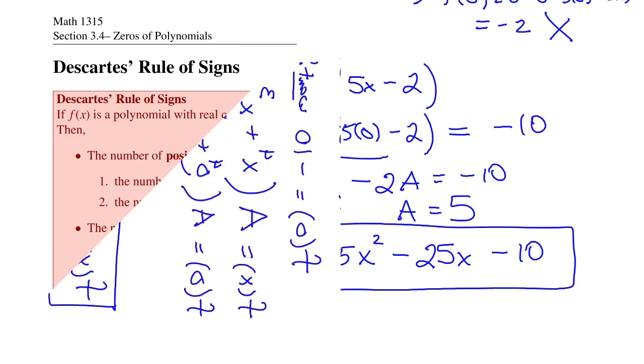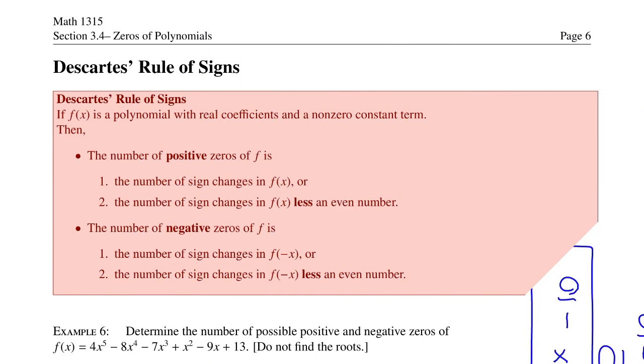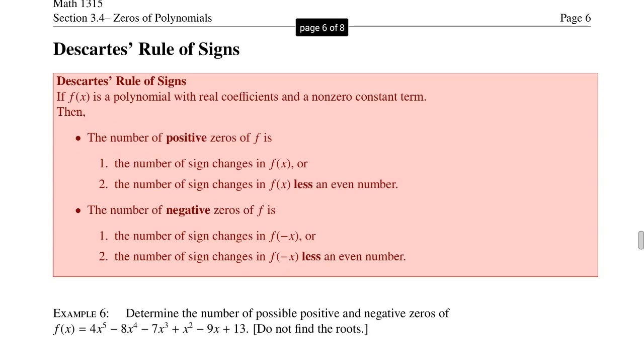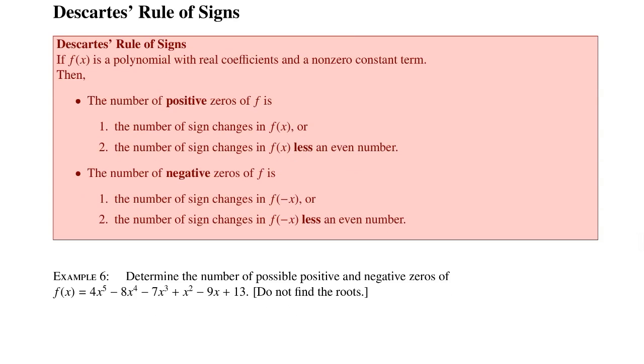Next, let's take a look at Descartes' rule of signs. Descartes' rule of signs says the following. If you have a polynomial f of x with real coefficients and a non-zero constant term, then we can find the number of positive zeros from the function f by looking at the number of sign changes of f, or taking that number and subtracting off an even number.